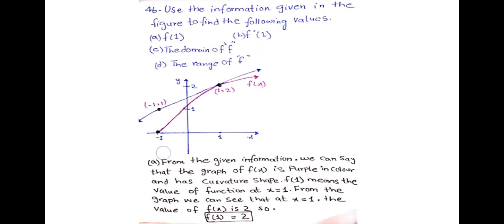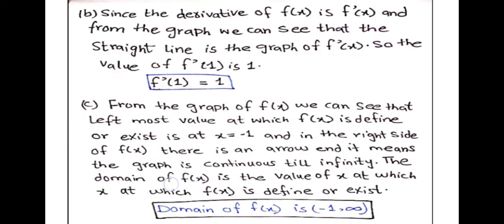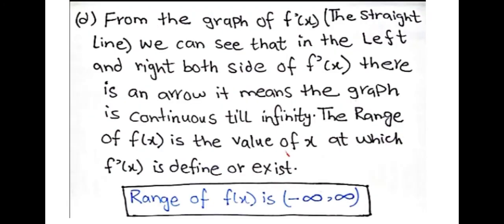We see here the leftmost side where f(x) exists is -1, and the right side continues to positive infinity, as we can see from the arrow, and it means that the graph is continuous till infinity. The domain of f(x) is the set of values of x at which f(x) is defined or exists. So the domain of f(x) is -1 to positive infinity.